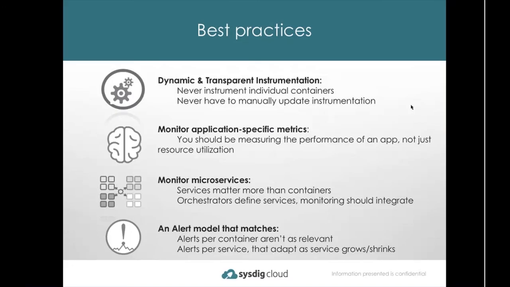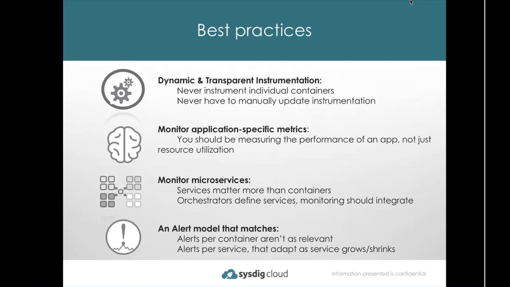Just a quick review of best practices here. Number one, dynamic and transparent instrumentation. You should never instrument individual containers and never manually update instrumentation. You should be monitoring application-specific metrics. Those would be out-of-the-box metrics, like some of those I showed you around MySQL and WordPress, or custom metrics like StatsD and JMX.